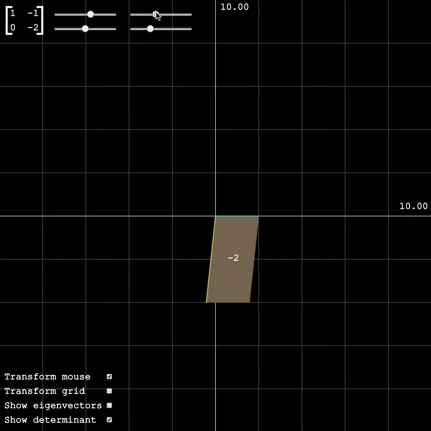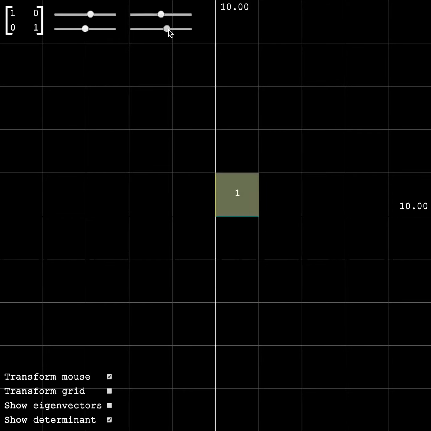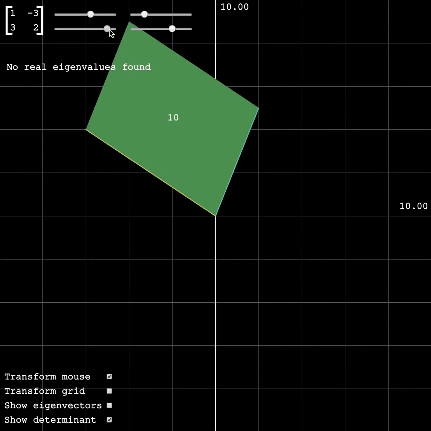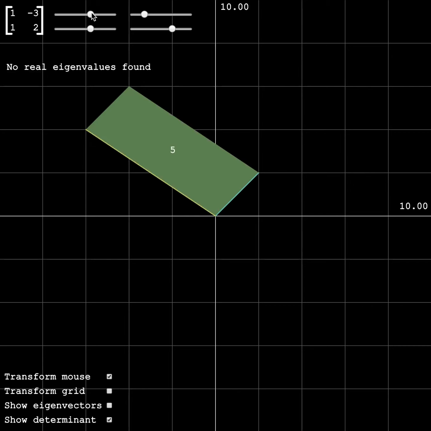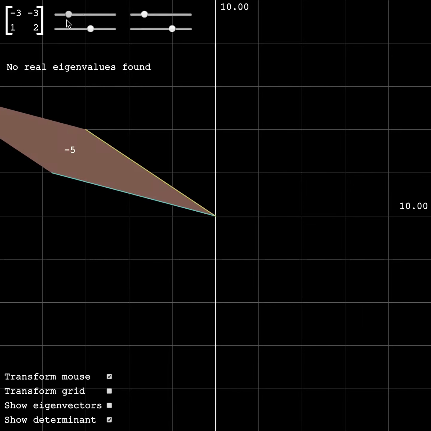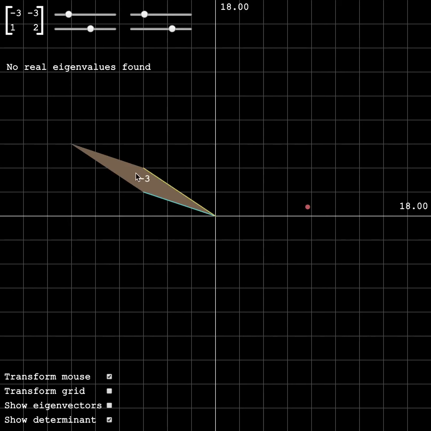If we go back to our identity matrix here, here we have the first basis vector on the right of the second basis vector, and as long as that's the case, we can do anything we want to our determinant and it will be positive. But as soon as they cross sides, we are going to get a negative determinant instead.